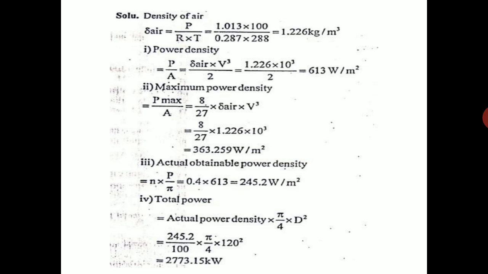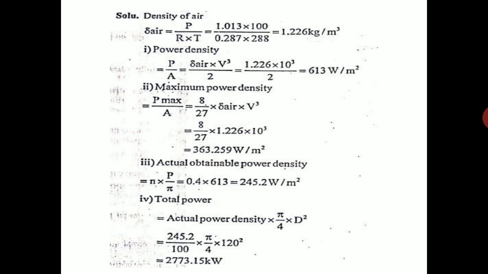So what is the total power which we can develop with the area of the 120 meter diameter wind turbine? The total power is equal to actual power density into pi by 4 into d square, that is the area. Here they have given the diameter of the turbine as 120 meter.